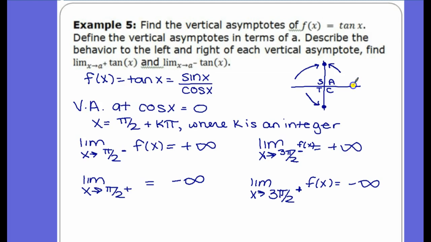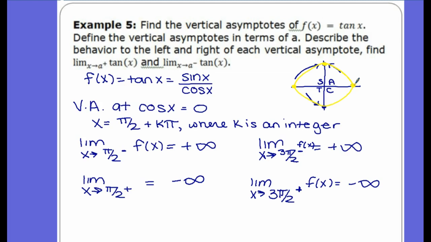Then we go this direction, because that's sine of pi halves. Then you go to sine of pi. So as you go counterclockwise on the unit circle, you get bigger. So from the left, the left is coming from the small side, you're coming from quadrant 1 to quadrant 2.